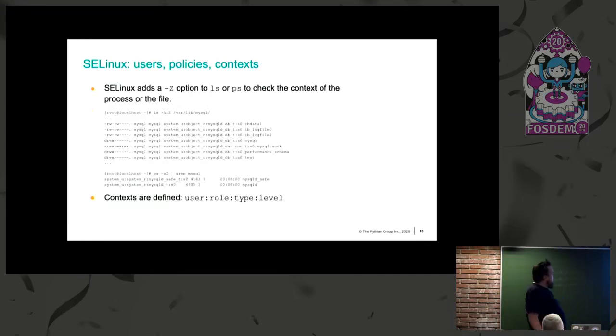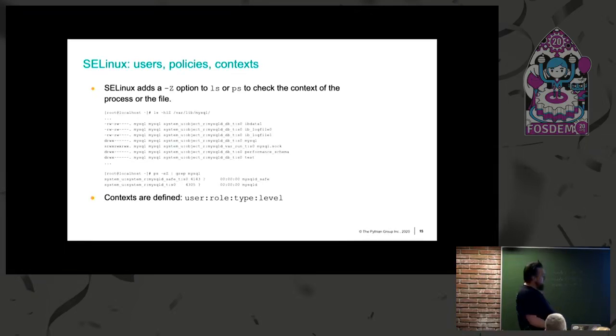SELinux also adds a -Z option to commands like ls or ps, so you can see what SELinux users, roles and types it uses. And also for a process you can see mysqld is running as the type mysqld_t, and mysqld_safe is running as mysqld_safe_t.